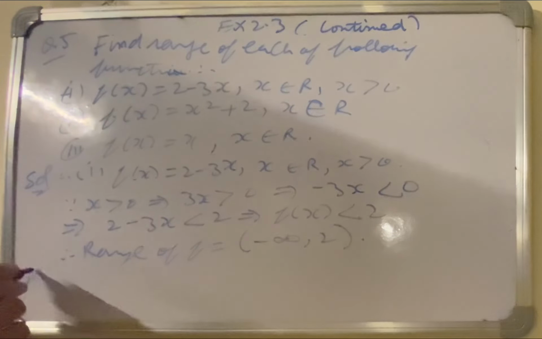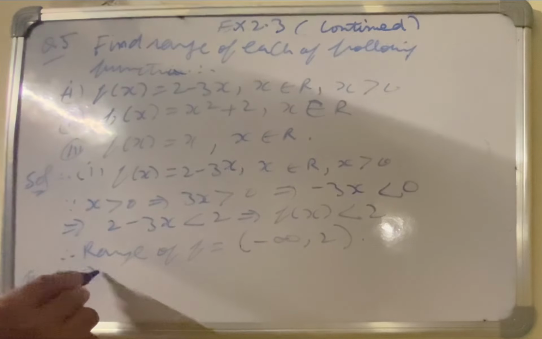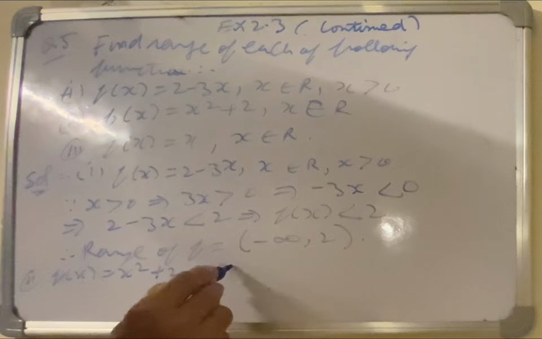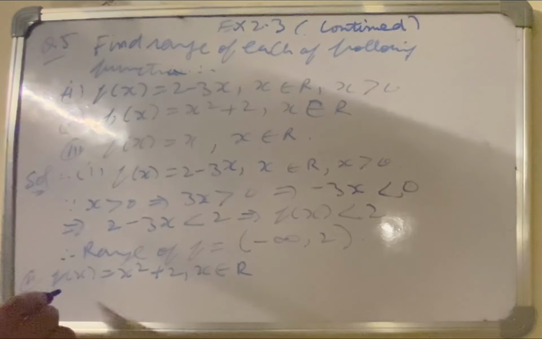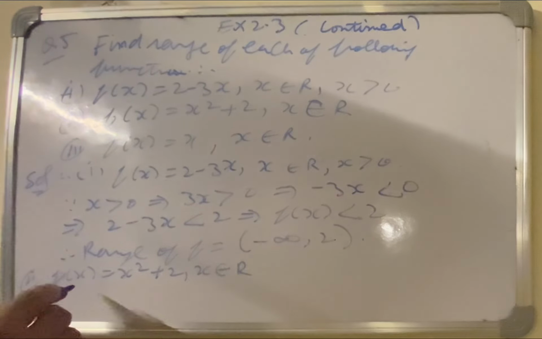Second part, f(x) is equal to x squared plus 2, x is a real number. We know that the square of every real number is non-negative.